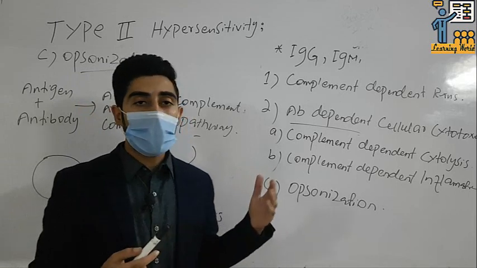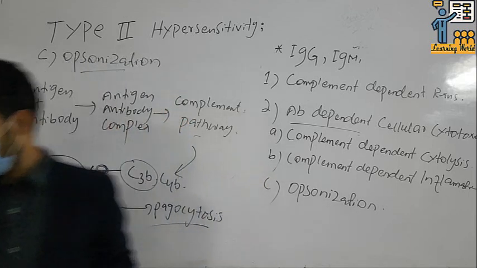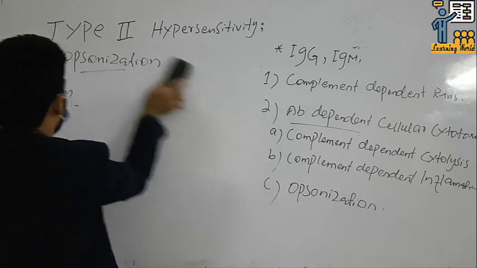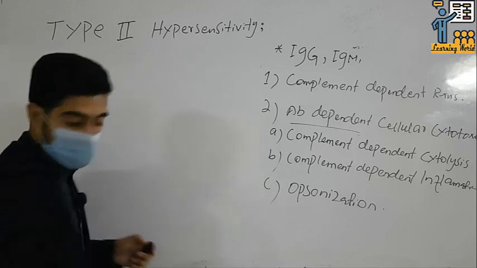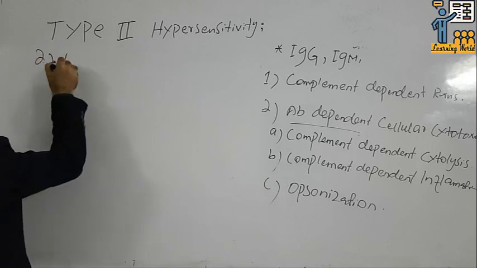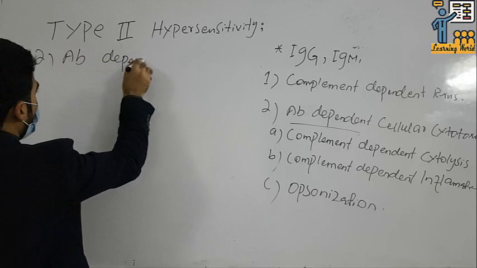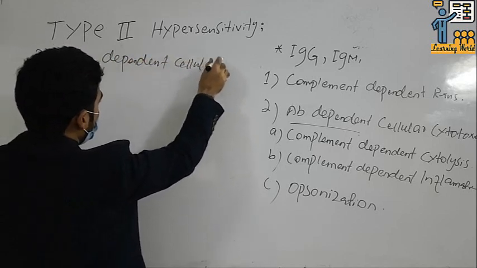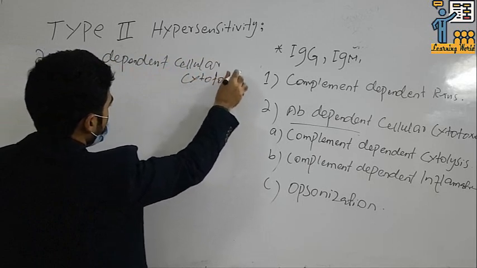With the help of antibody, they will provide the immunity towards the pathogen. Number two is antibody dependent cellular cytotoxicity.